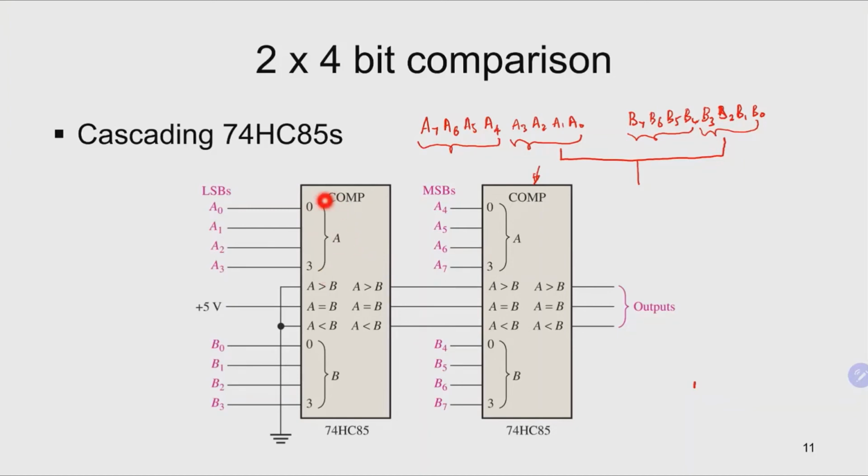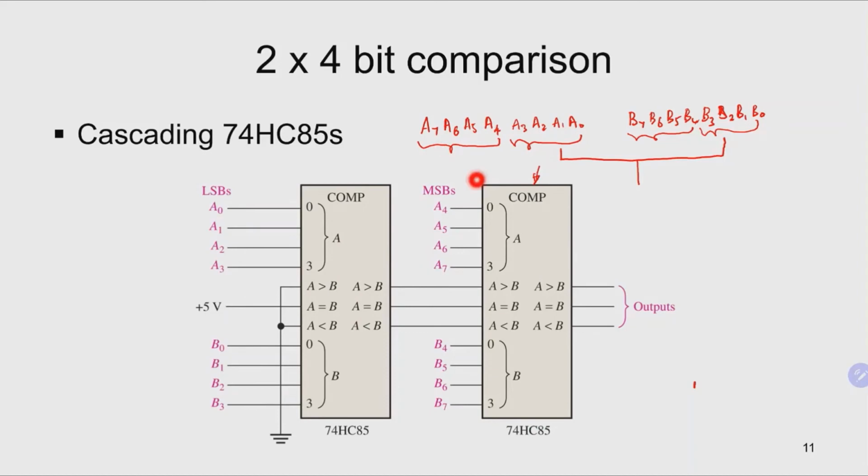So this now determines what the outputs are. If A and B are the same, then the output here will be a direct connection from here to the outputs. Whatever you get here will be output to here, because which is higher depends on this side of the comparison.